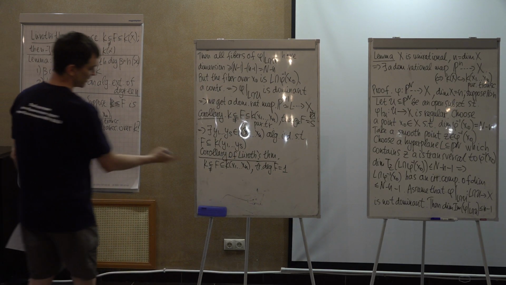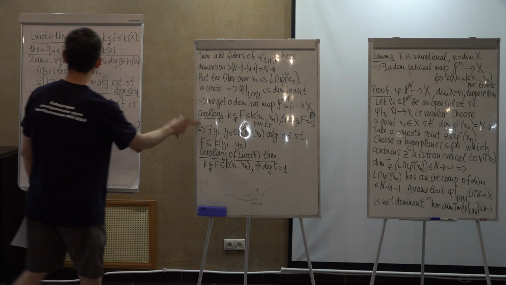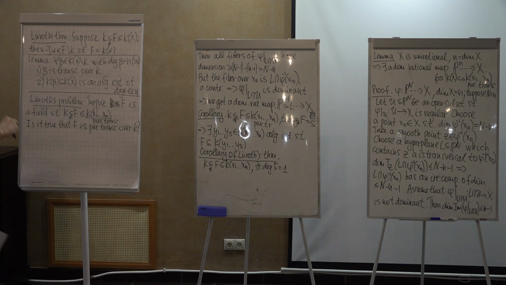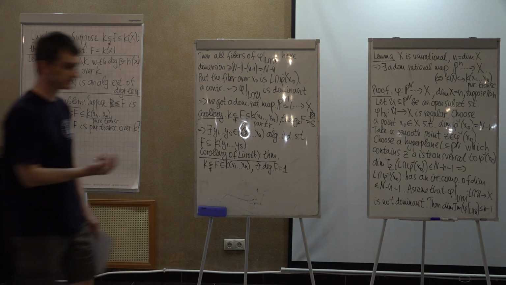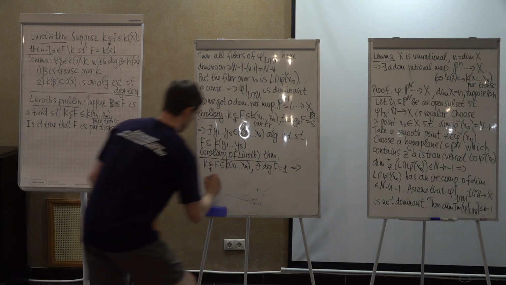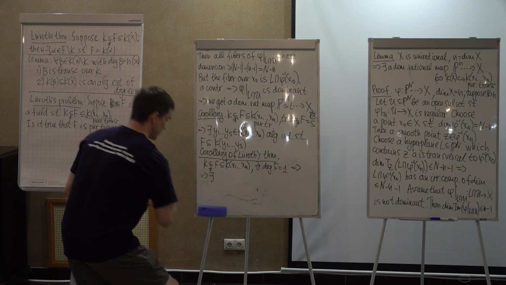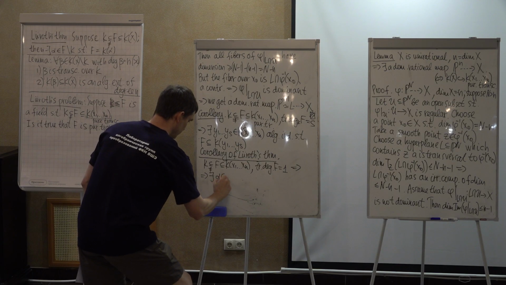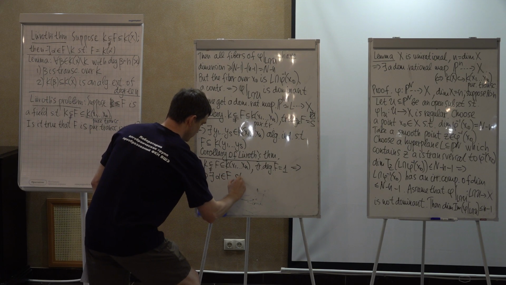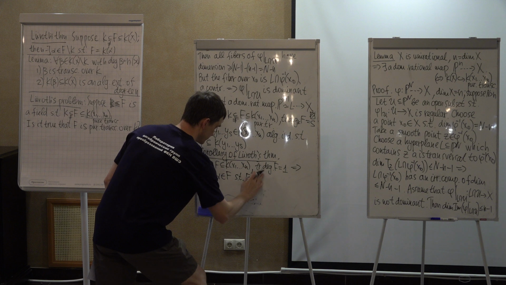Then we can combine the previous corollary with Lüroth's theorem and obtain that in fact this F is generated by a single element. So there is an alpha such that F is generated by this alpha.